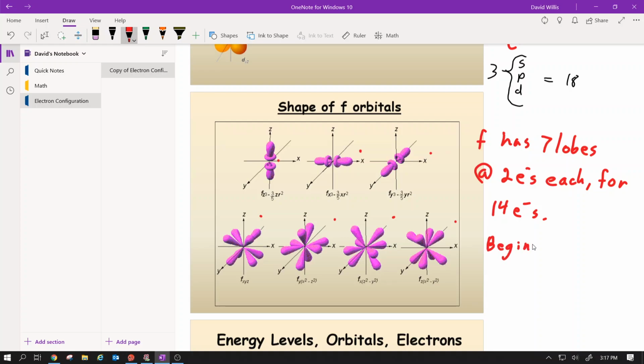Guess which level these start showing up on? Beginning at n equals, you're a terrible guesser, n equals 4. So it has 7 lobes, can hold 2 electrons each. I want you to write that we begin having f orbitals at n equals 4.